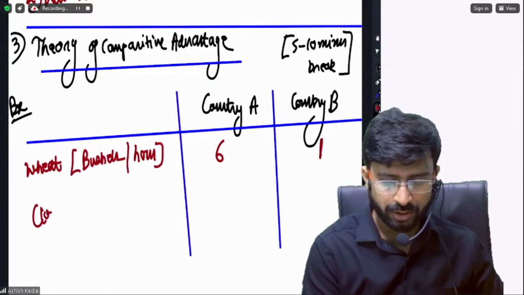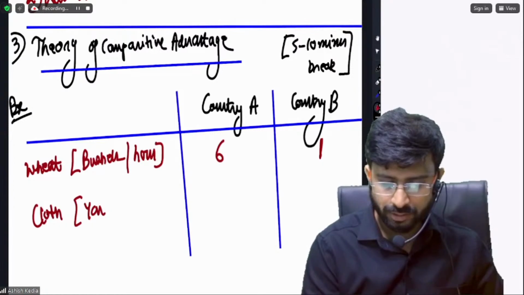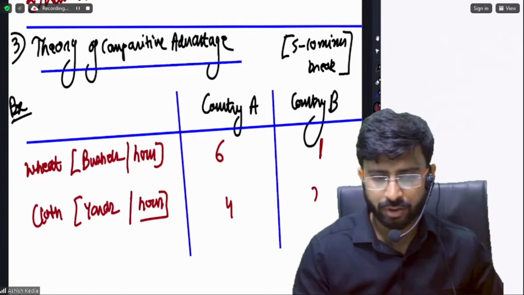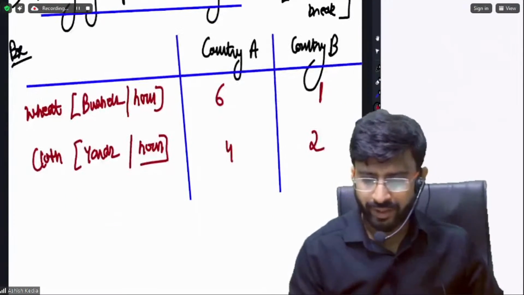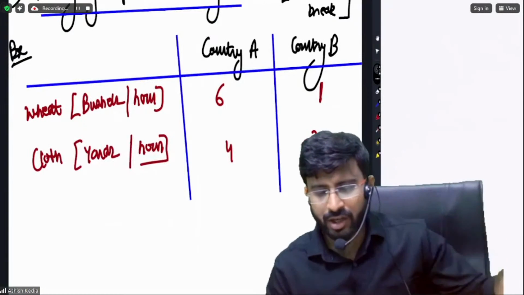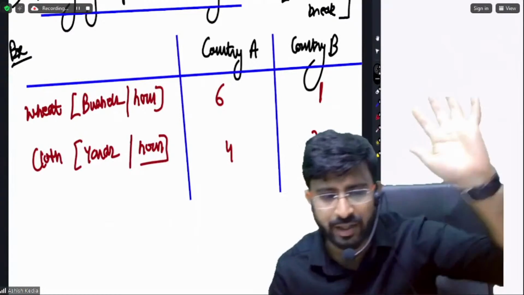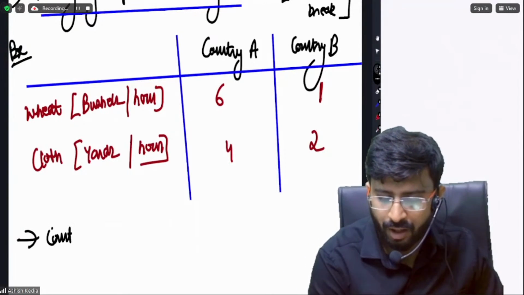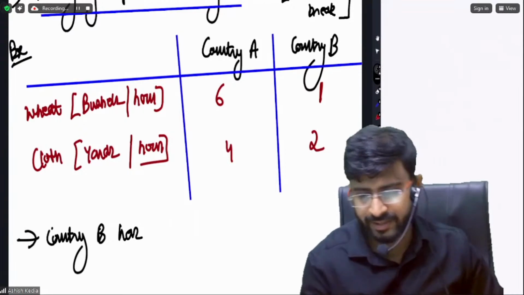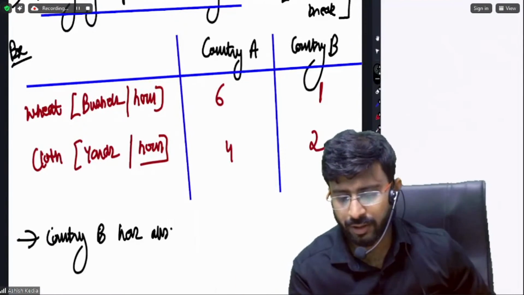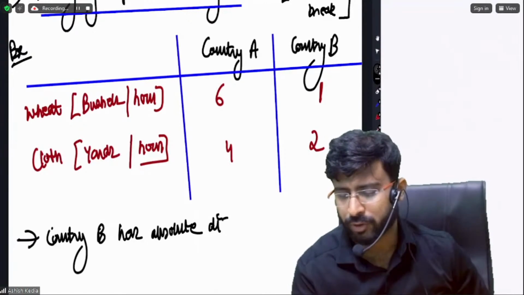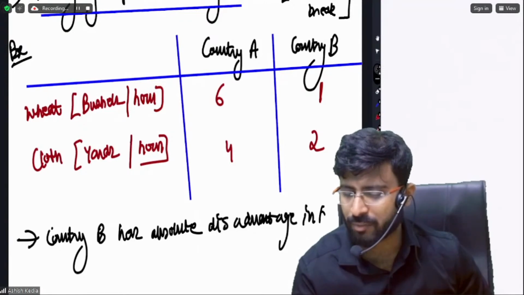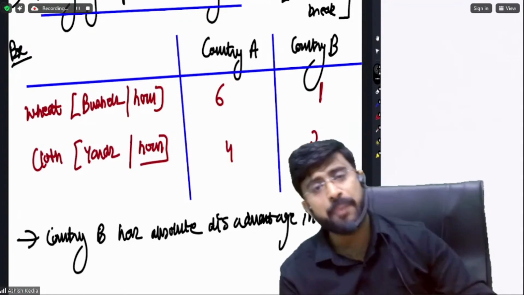And when we talk about cloth, yards per hour, it's 4, it's 2. Friends, if you look carefully, country B में दोनों जगह ही disadvantage है. Country B has absolute disadvantage in both, while country A has absolute advantage in both.